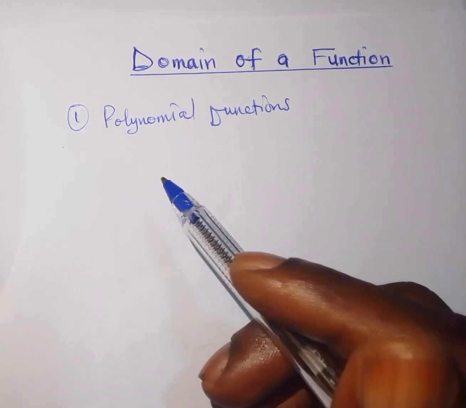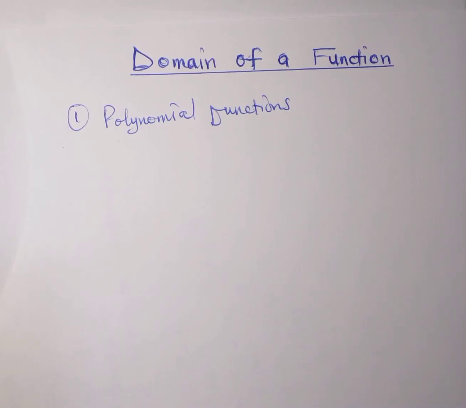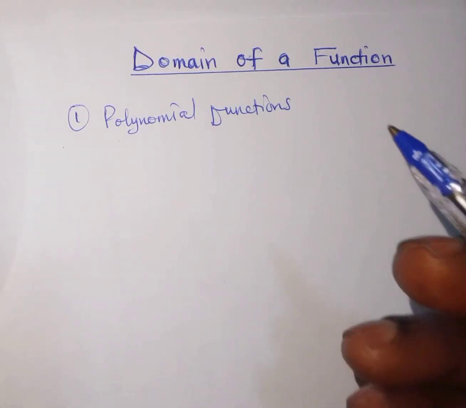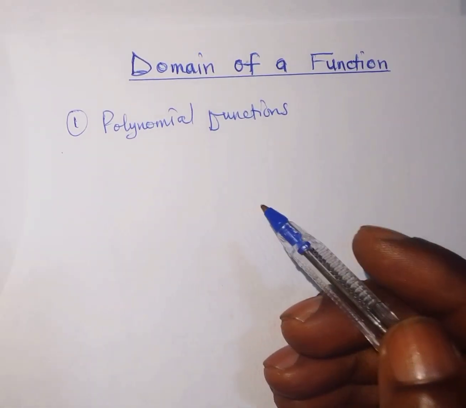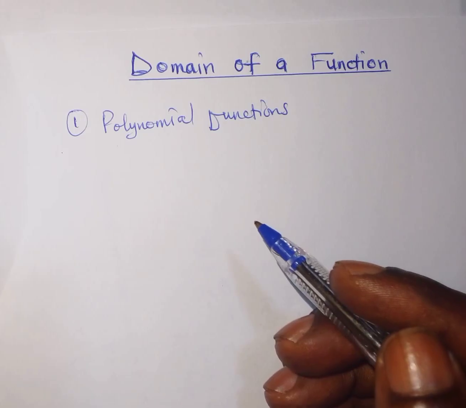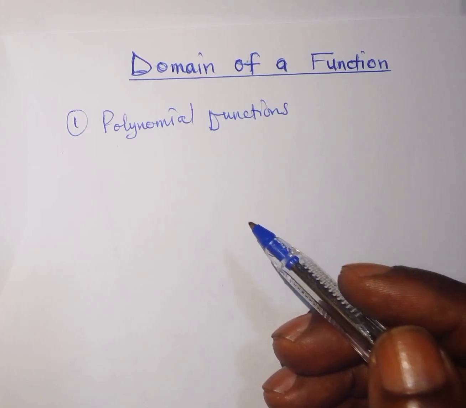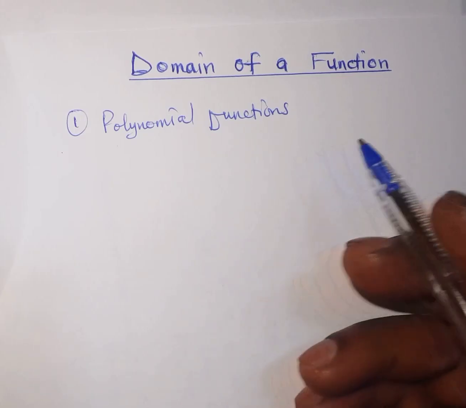Probably not the next, but we will treat it when the time comes. It's a whole strand that we shall be looking at, as a main topic. But here we are going to find the domain. So let's see some examples of polynomial functions. As I said, you can have quadratic polynomial, cubic polynomial, linear polynomial, all that.